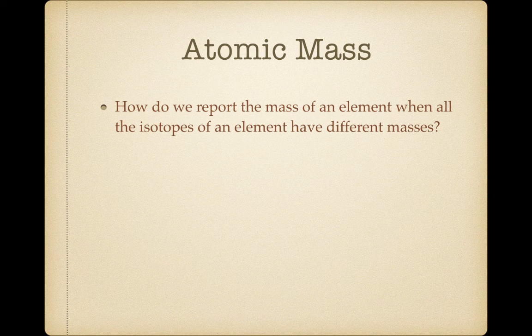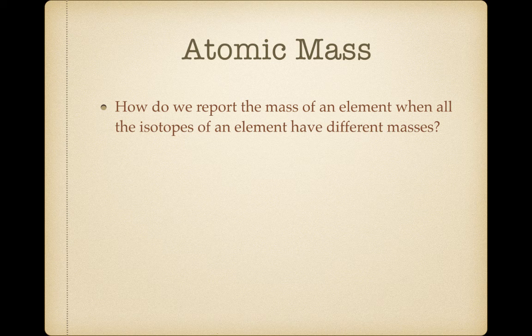Now here's another term that we want to use when we're talking about atoms or ions. We're looking back at isotopes here. When we look at the periodic table, we see that we have atomic masses with several digits on there.